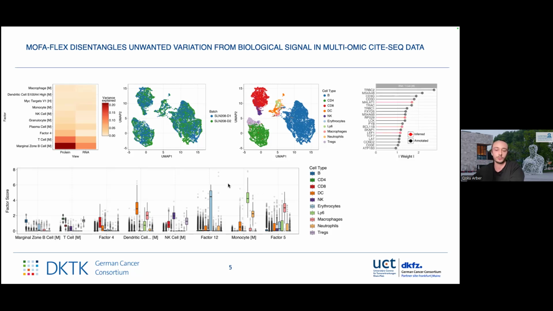And again, after seeing this pathway level decomposition of the data, we can then focus one layer deeper and have a look at the actual factor loadings that describe each of these latent pathways.